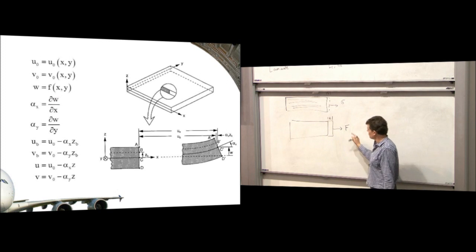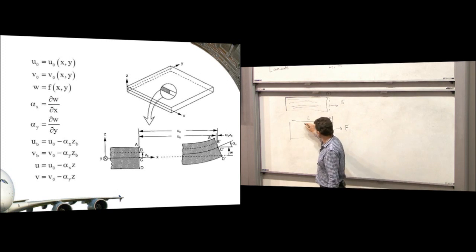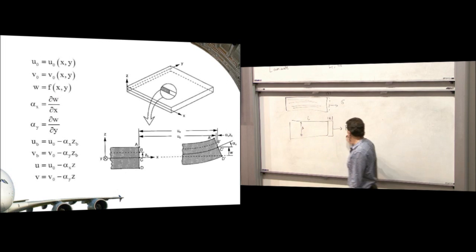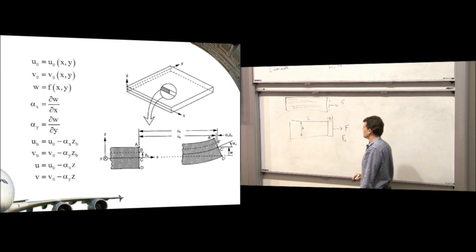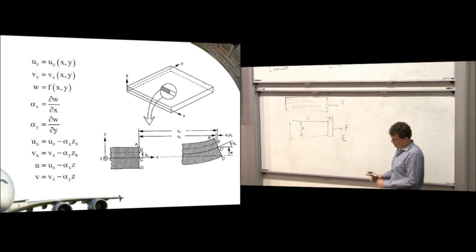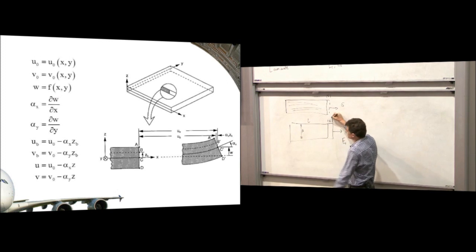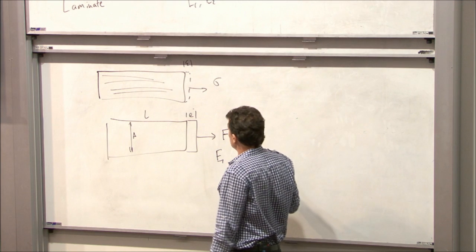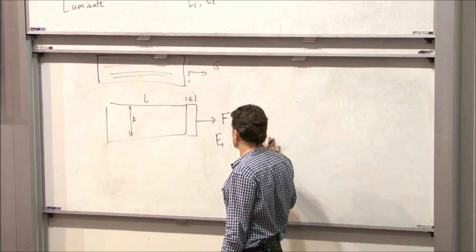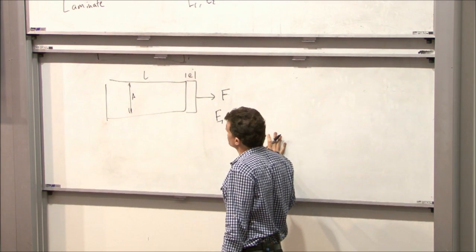And using the rest of the properties which we know, the initial geometry, the length and the area, we calculated the modulus. So the first point in working out any stiffness is not stresses and strains, it's actually forces and deflections.